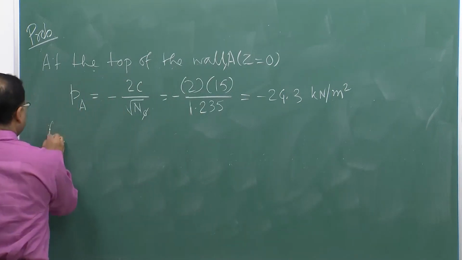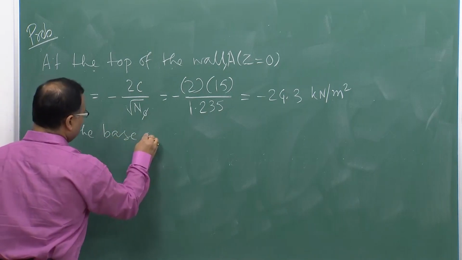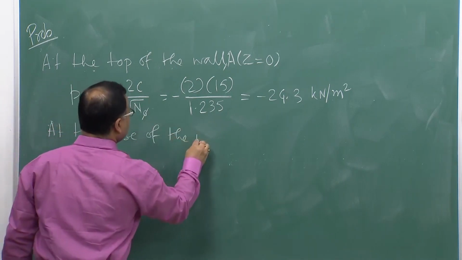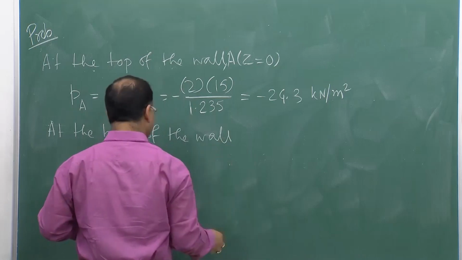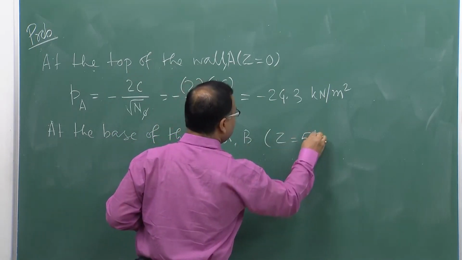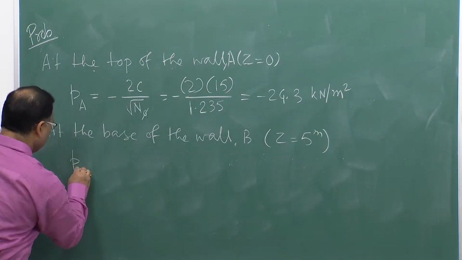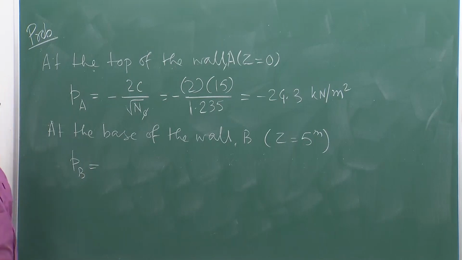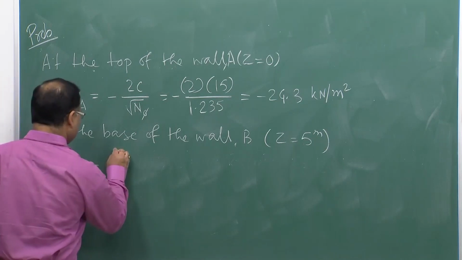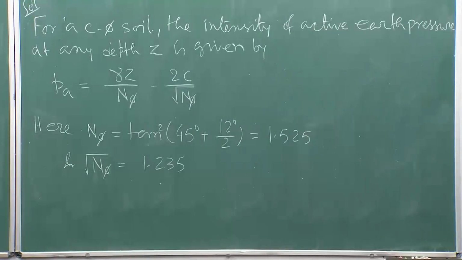Now, at the base of the wall, say point B, that means Z equal to 5 meter. At that time, what will be your active earth pressure? PB is equal to gamma Z, which is now H, right.